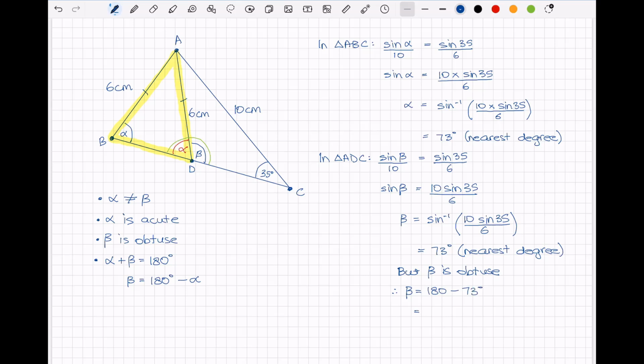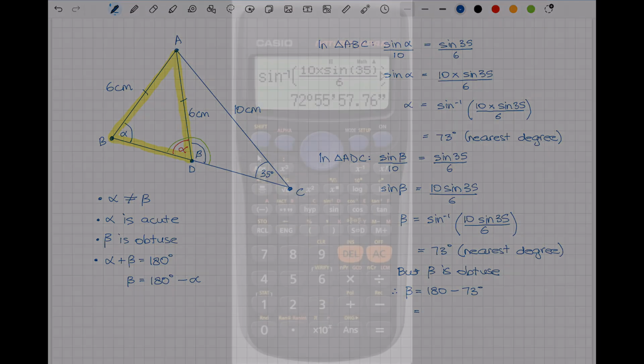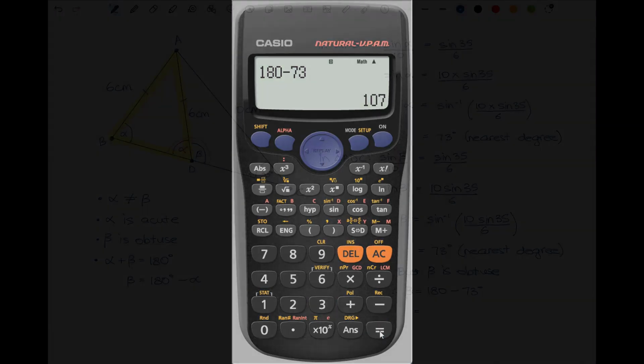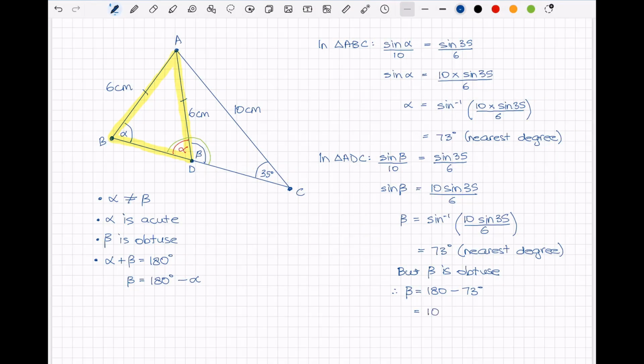And so here we can say, if we need to go to our calculator, 180 minus 73, and we see that beta must be 107 degrees. And again, that's to the nearest degree because alpha was to the nearest degree.